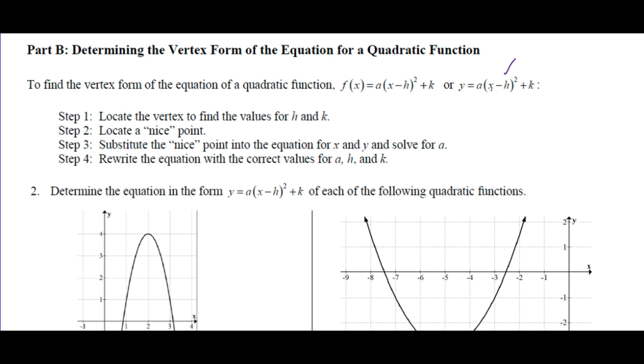Okay, so we know h and k from the vertex. We find a nice point, that's x and y. The only thing we don't know is a. So using everything we've got, we can solve for a. So that's substitute the nice point, solve for a, and rewrite the equation using x and y now, not the nice point, but going back to x and y, or f of x, and put in the value of a.